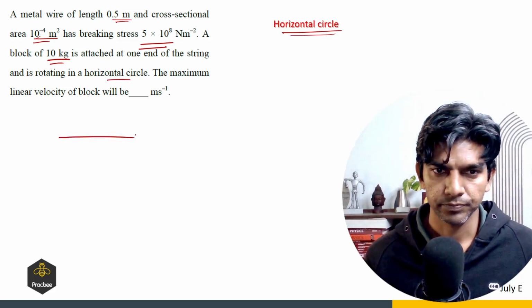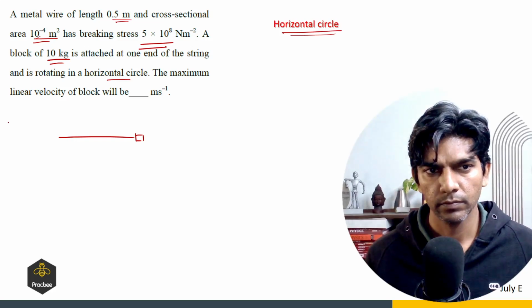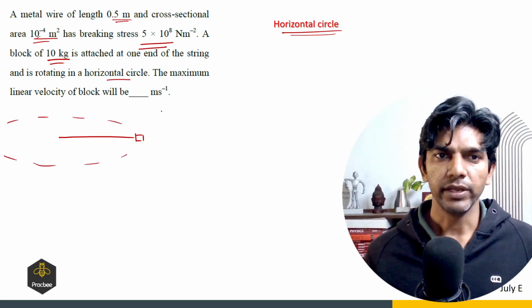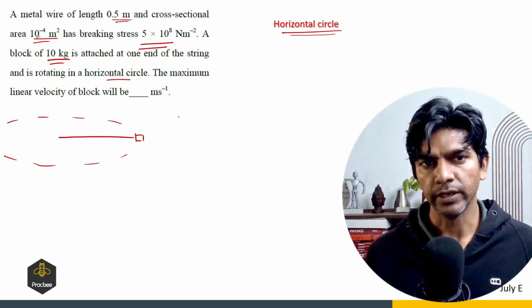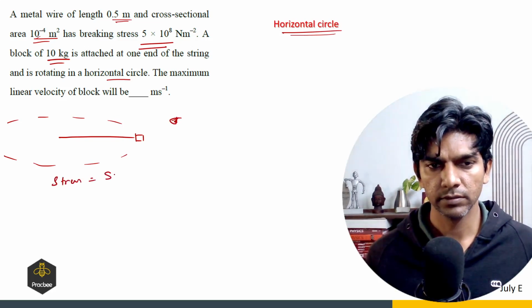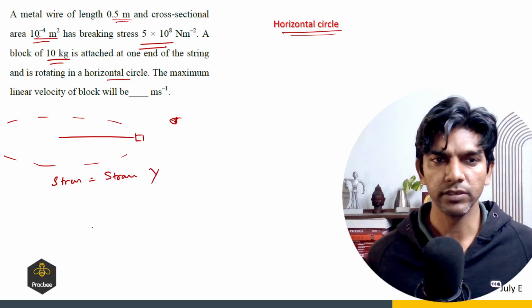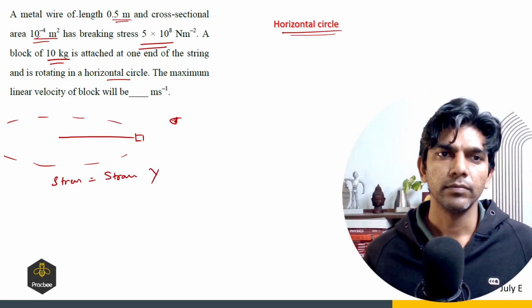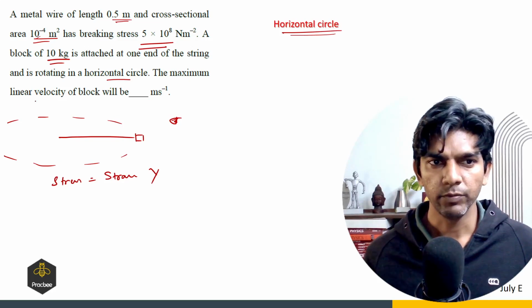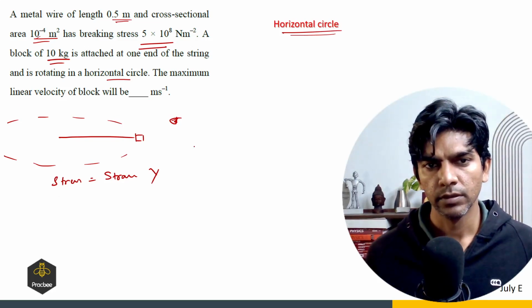So it is moving in a horizontal circle and breaking stress is 5 into 10 raised to 8. The stress is given as strain times the Young's modulus, and we have to find the maximum linear velocity.